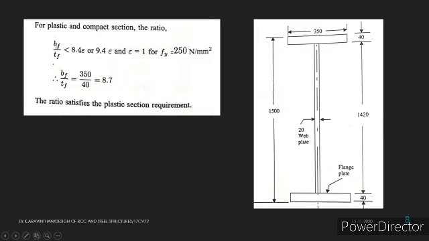So breadth of flange by thickness of flange: the breadth of flange is 350 and the thickness of flange is 40. If you divide this, you get 8.7. The range is between 8.4 and 9.4, hence this ratio satisfies the plastic section requirement.